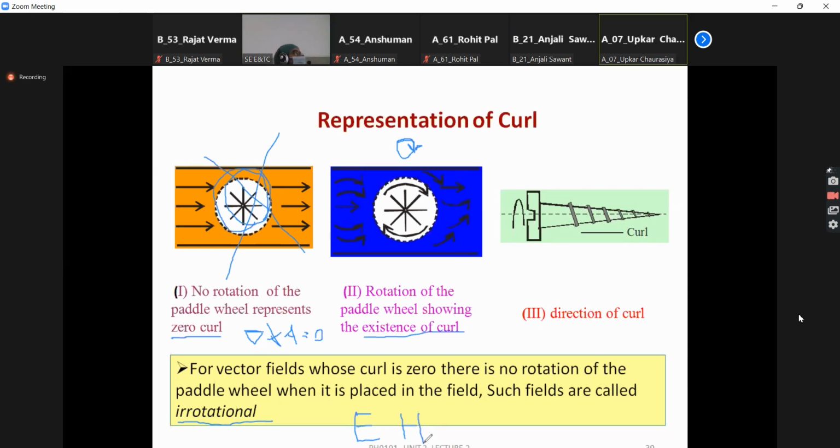Because the motion is zero there. Charges will be at constant position, or charges will be moving at constant speed. So when you say static, it is with respect to time.